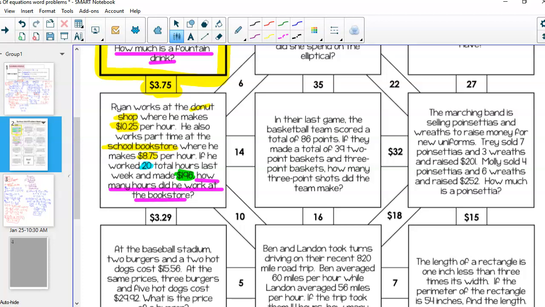When we were looking at this, we could have really canceled this one out because we can't work $3.29 hours. That doesn't make sense. So next class we're going to continue this. If you want to work ahead, you may, but I'm not asking you to.